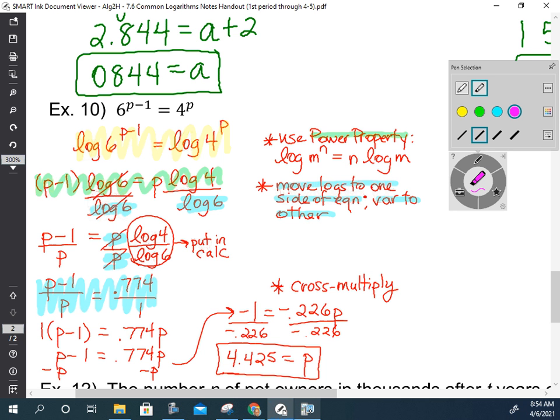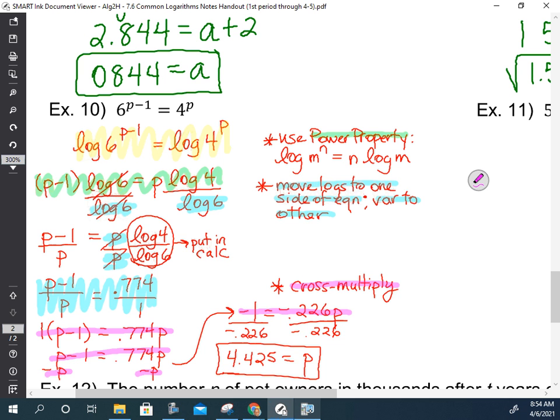Last step in all this, cross multiply. That's where all this came from. So again, it's not as if any of the steps are difficult.